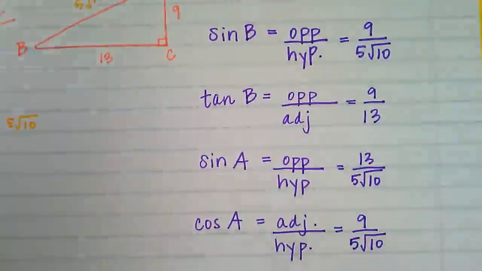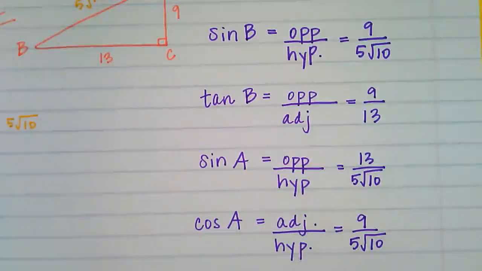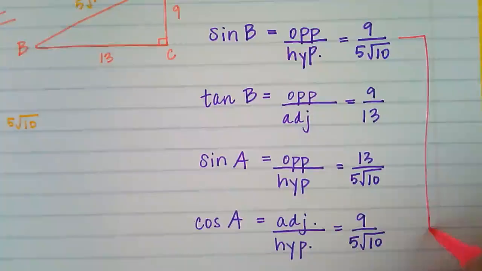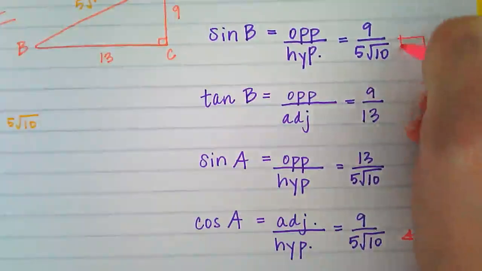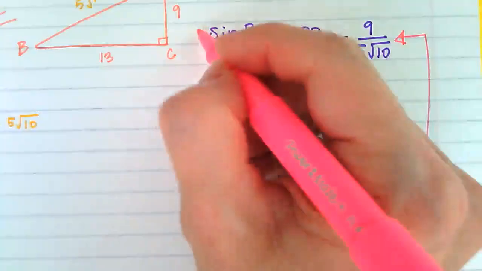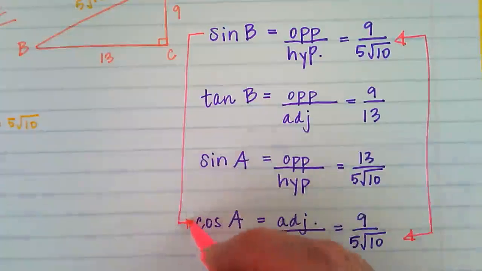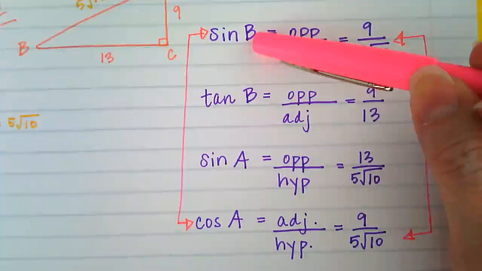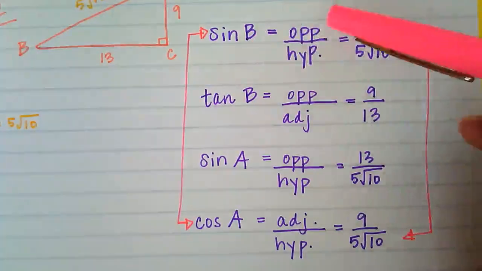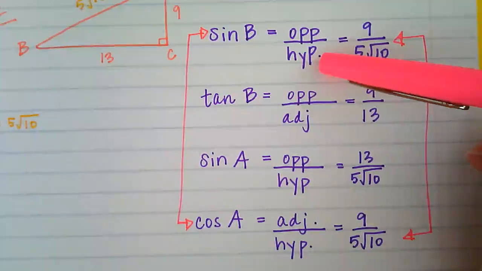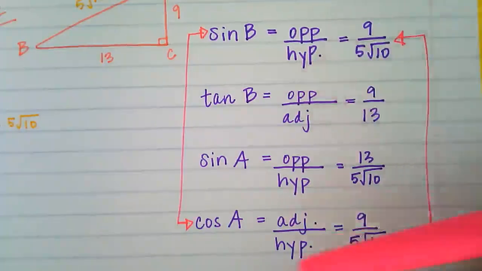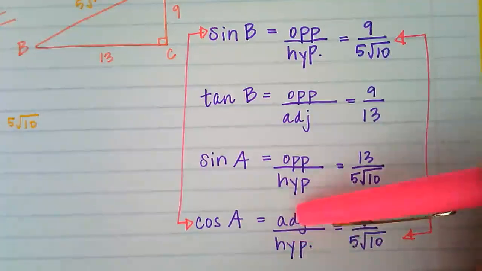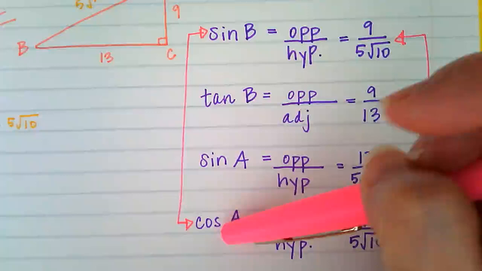All right, now, one thing I want to point out that is cool: look at these two, they have the same answers. It makes sense because the sine of B is going to use opposite over hypotenuse, which from angle A would be the adjacent and the hypotenuse, which would be cosine.